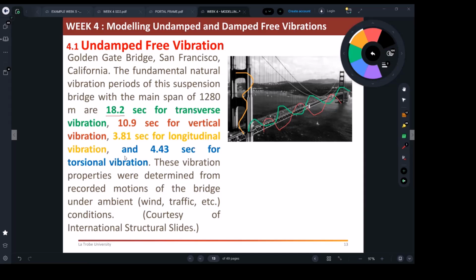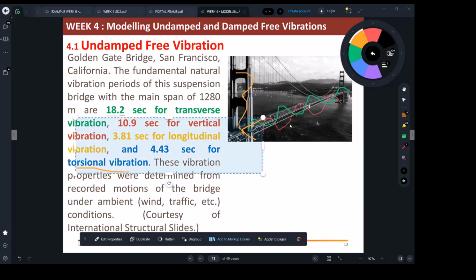And on top of that, because it's quite skinny, they look at elements inside it, and definitely they would use some of those packages. They can't use the equations we discussed unless they simplify it. So the blue one represents the torsion. So they also look at the torsion behavior.